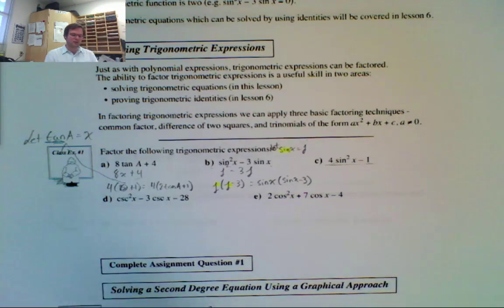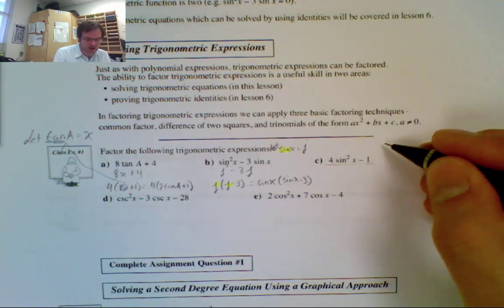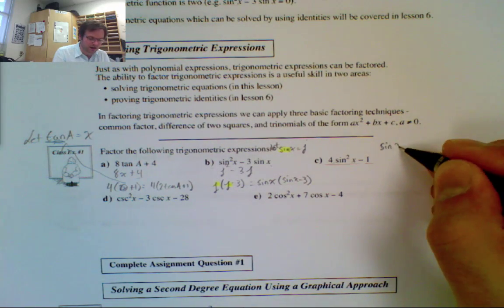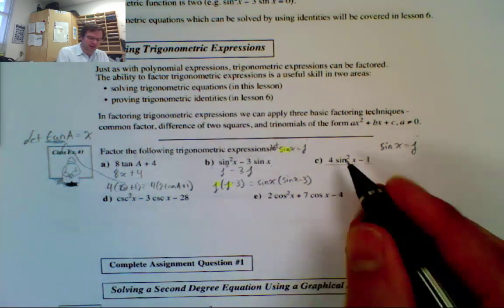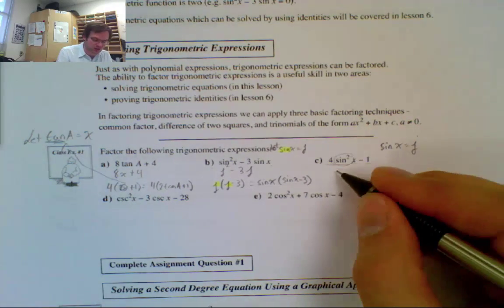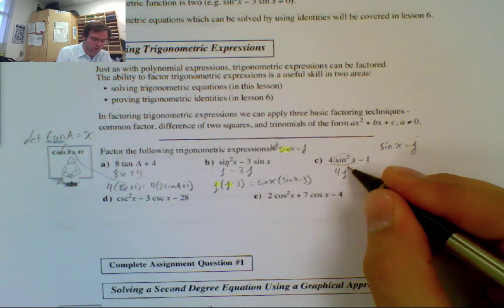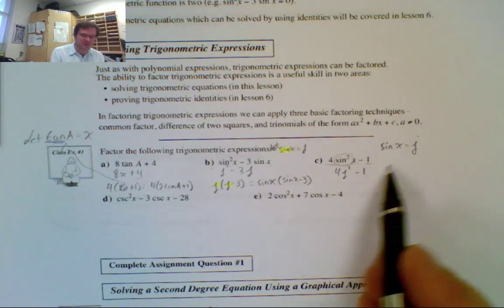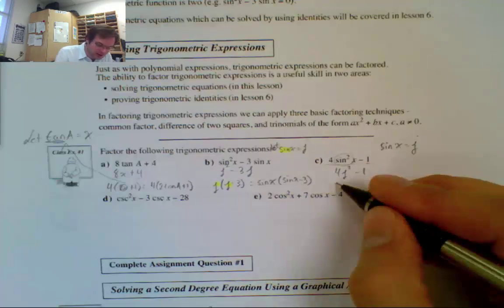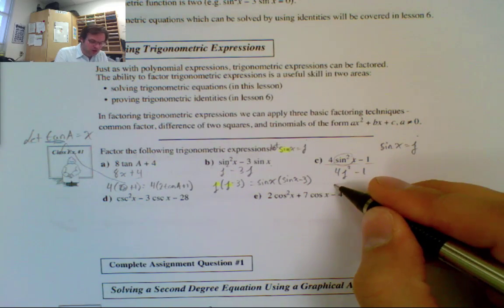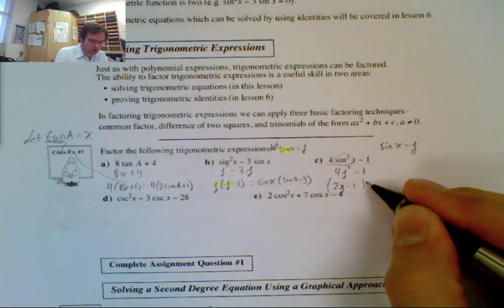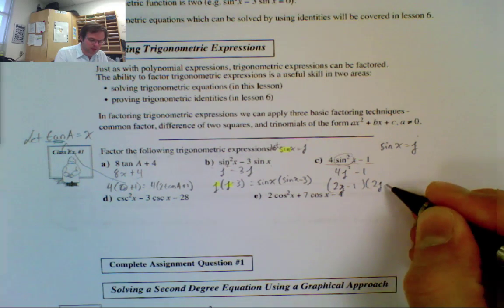Okay? Let's take a look at this one here. If I looked at this, I'm going to say sine x is equal to j. So here I have sine x squared, which is really like saying j squared, so I'm going to put 4j squared minus 1. Now this looks very simple. This is just a difference of squares. So this is the same thing as 2j minus 1 multiplied by 2j plus 1.